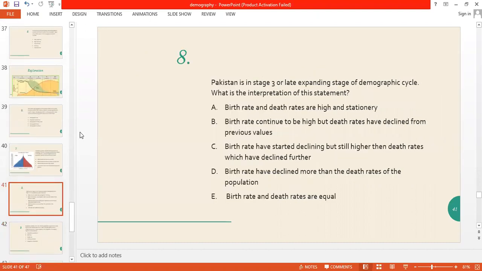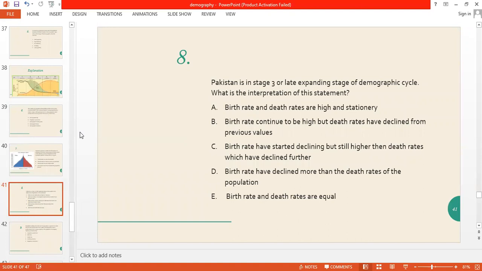Pakistan is in stage 3 or late expanding stage of the demographic cycle. What is the interpretation of this statement? A, birth rate and death rate are high and stationary. B, birth rate continues to be high, but death rate has declined from the previous value. C, birth rate has started declining, but is still higher than death rate, which has declined further.